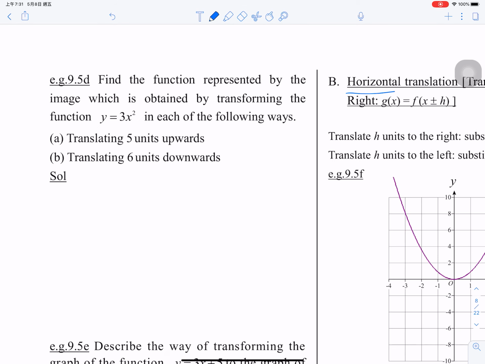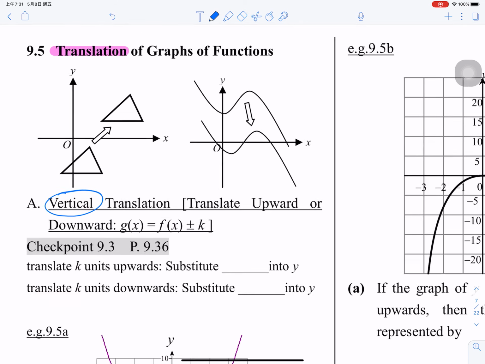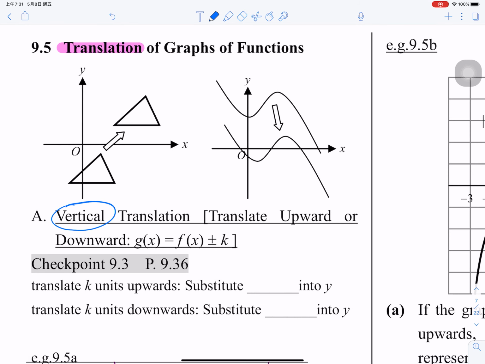That means this one, horizontal translation. Let's have a look at this one first. Here we have a triangle. Translate by this direction.